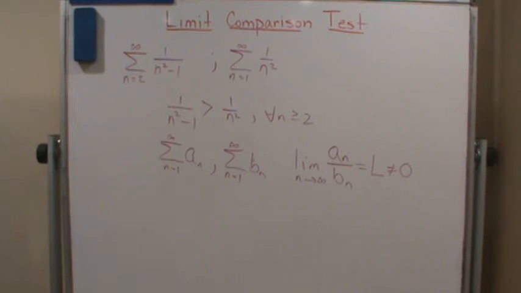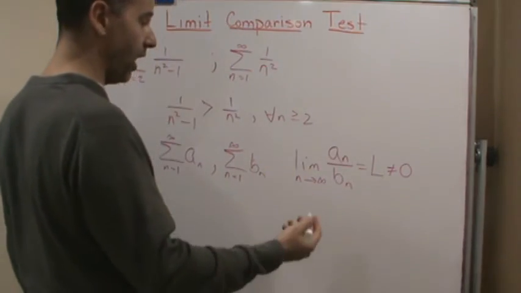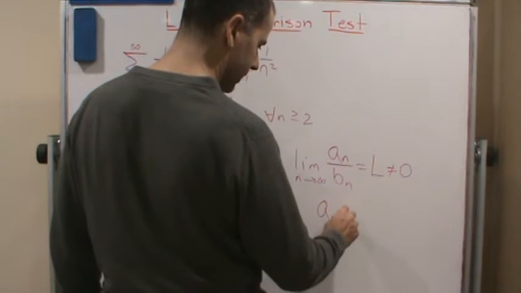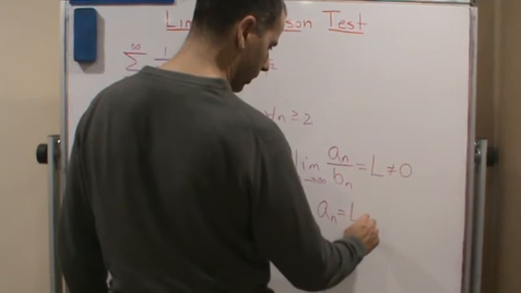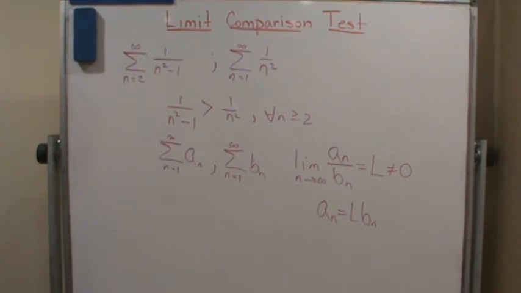Because what this is telling us is that as n gets sufficiently large, a sub n is basically equal to a multiple of b sub n. So if one converges, so does the other. If one diverges, so does the other. That's where the key is.